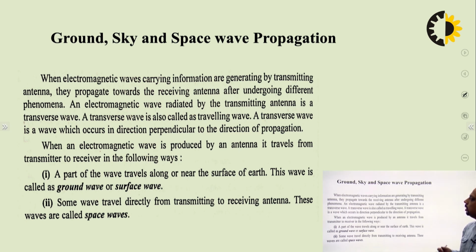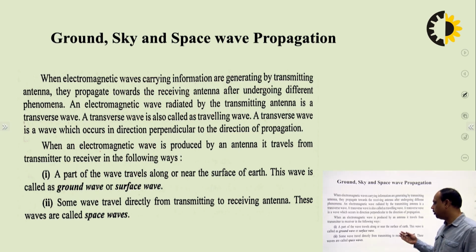As we can see over here, the waves carrying information are generated by the transmitting antenna. The electromagnetic wave radiated by the transmitting antenna is a transverse wave, and when it is produced by the antenna, it travels from transmitter to receiver in the following ways. The first is the part of the wave that travels along near the surface of the earth, known as ground wave or surface wave propagation.